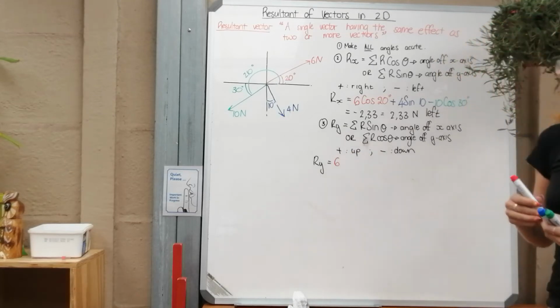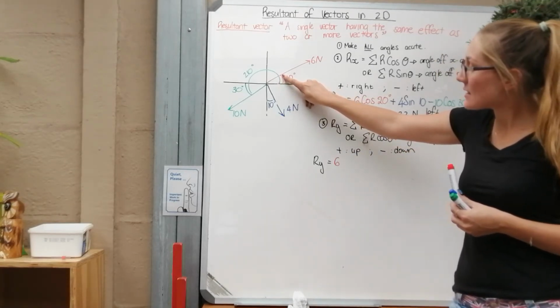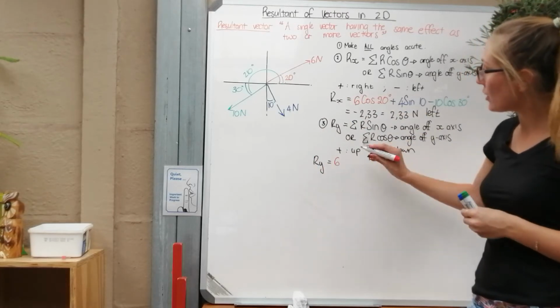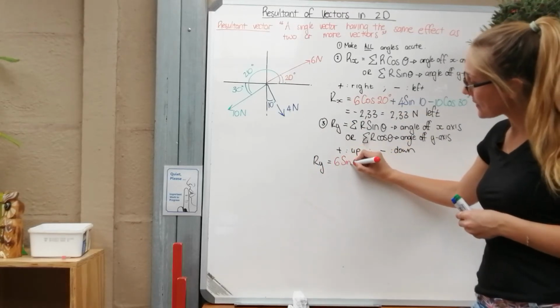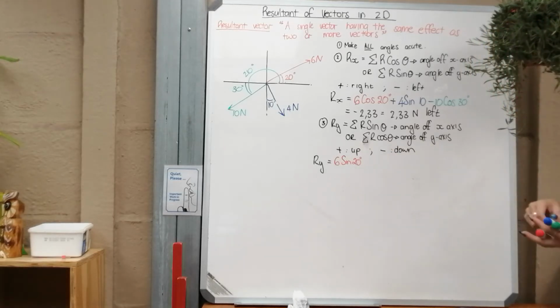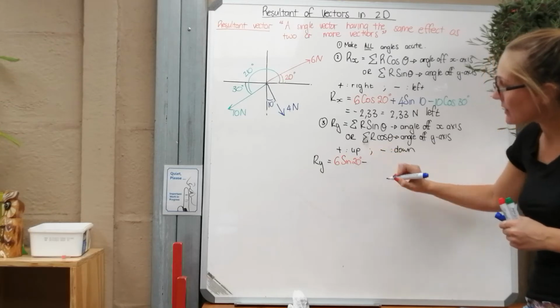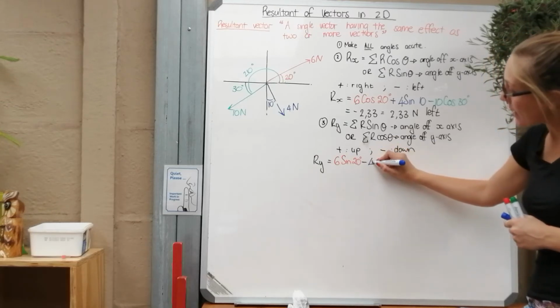Now we must pick the correct trig ratio. My angle is coming off the x-axis, and I'm doing the y component, so I pick sine of my 20 degrees. Next one, the blue one, that 4 Newton one. That's now going down, so I subtract 4 times.